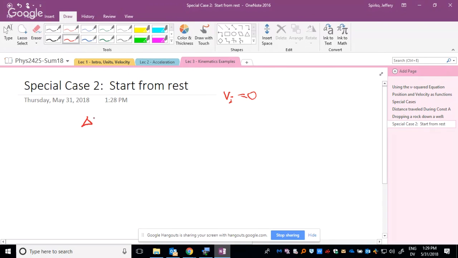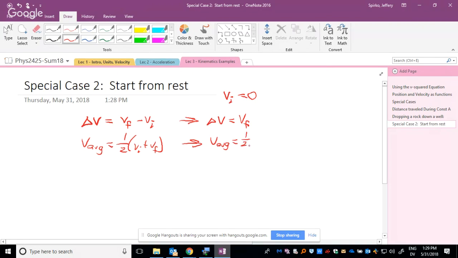It fits into delta v is v final minus v initial. So that becomes delta v is equal to v final. V average is 1/2 of v initial plus v final. So that means v average is 1/2 of v final.